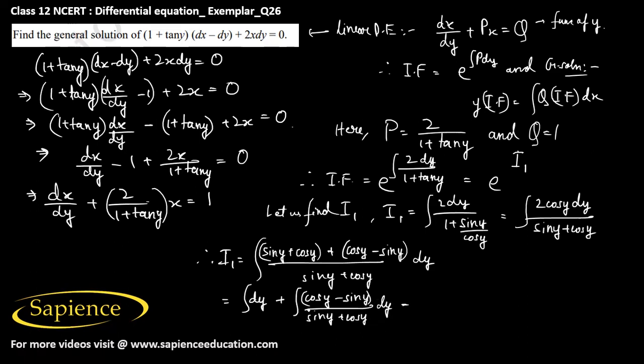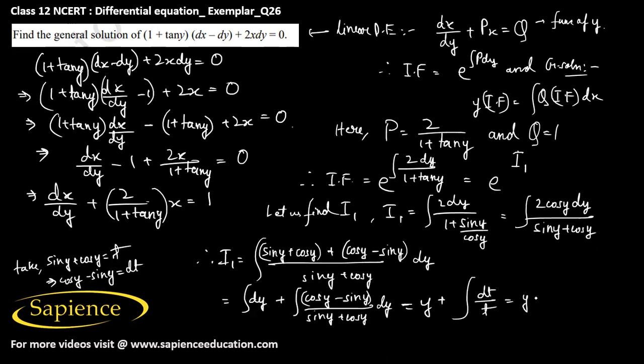The integral of dy will be y, and for the second, suppose sine y plus cos y equals t, then differentiating both sides, cos y minus sine y equals dt. So this will be integral dt by t.